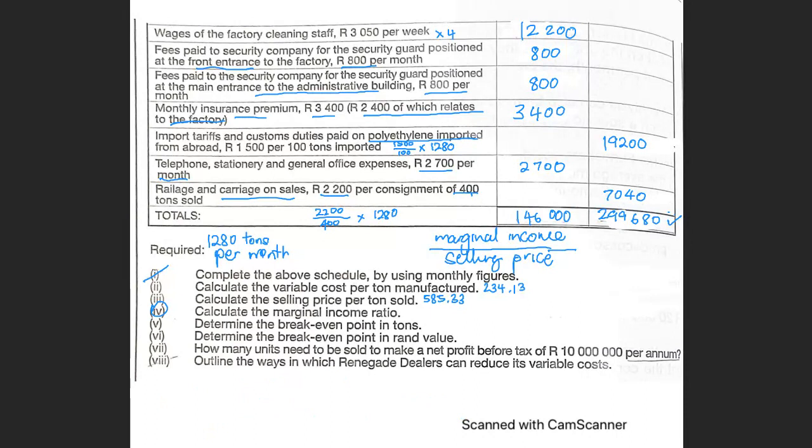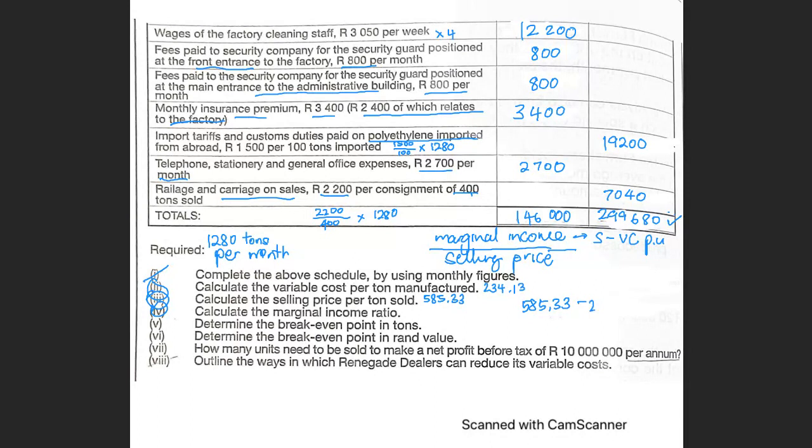Okay, so here we have your marginal income per unit. This is calculated as your selling price minus your variable cost per unit. We saw this in the previous lecture. So your selling price per unit is 585.33, what we had done now in step 3, minus your variable cost, which we did in question 2.